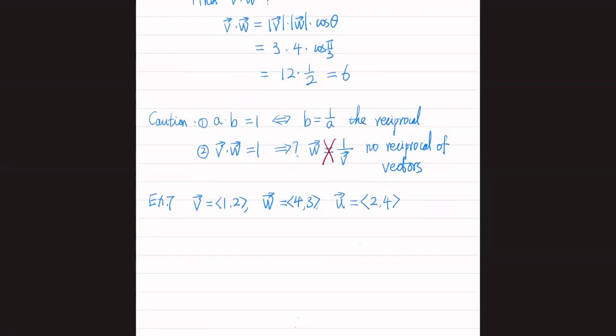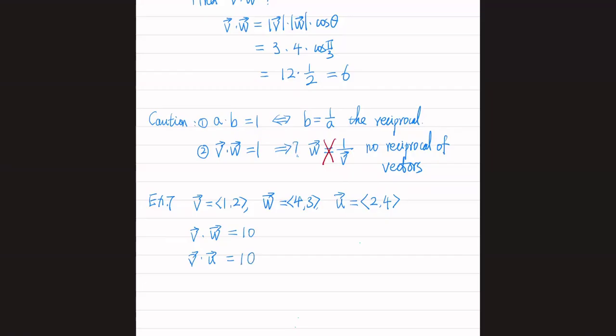Let's check the dot product. V dot W, V dot U. They are both 10.